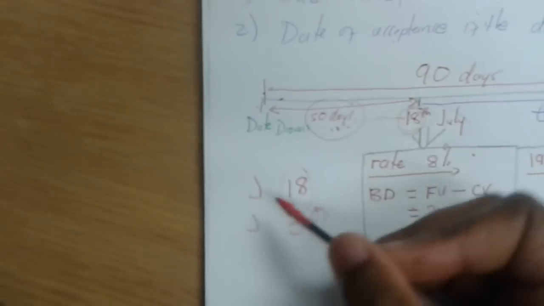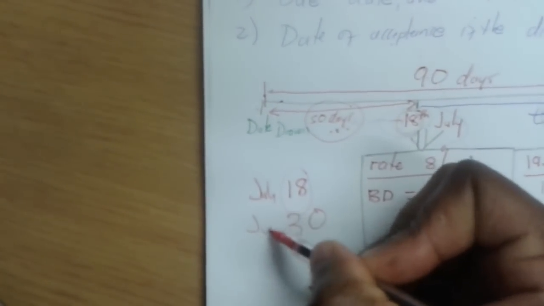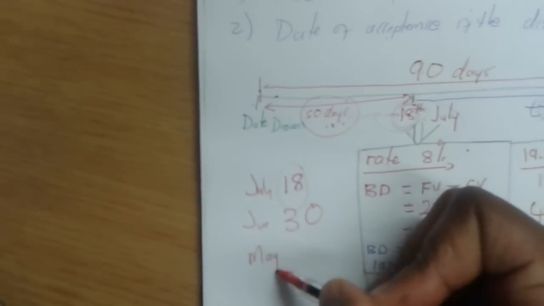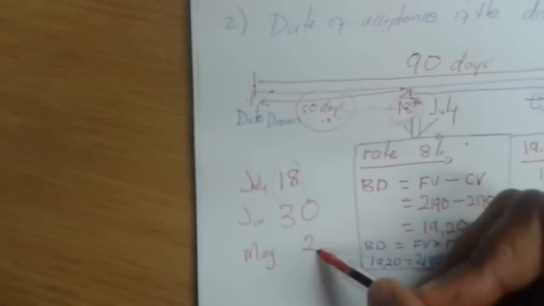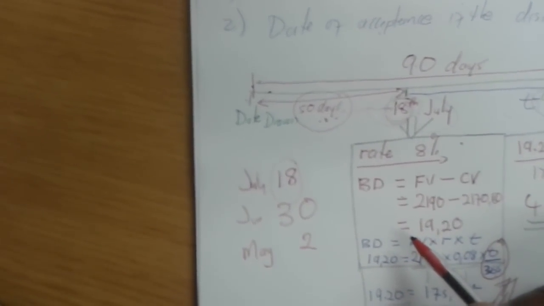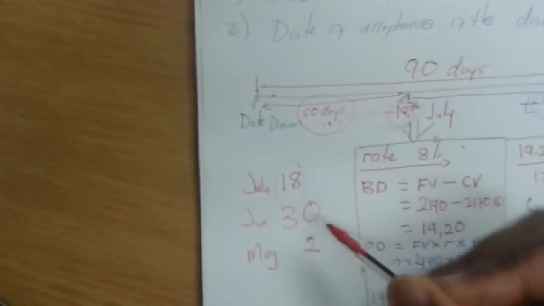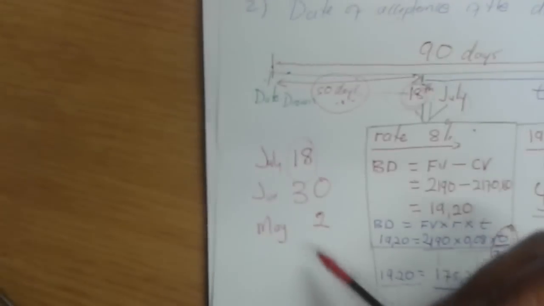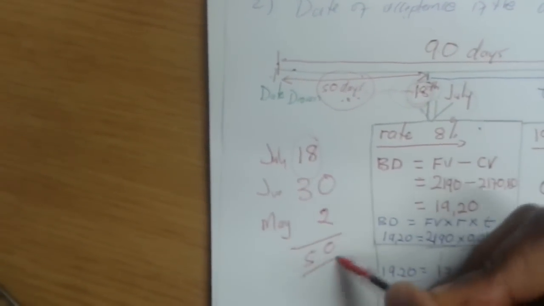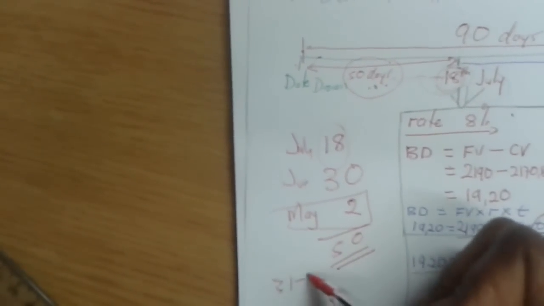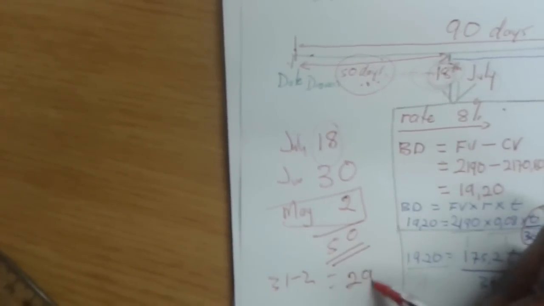So that's July, that's June, and obviously that's May. So May, of course, has 2 days that have already expired. Now, if you say 31 minus 2, that gives you 29.